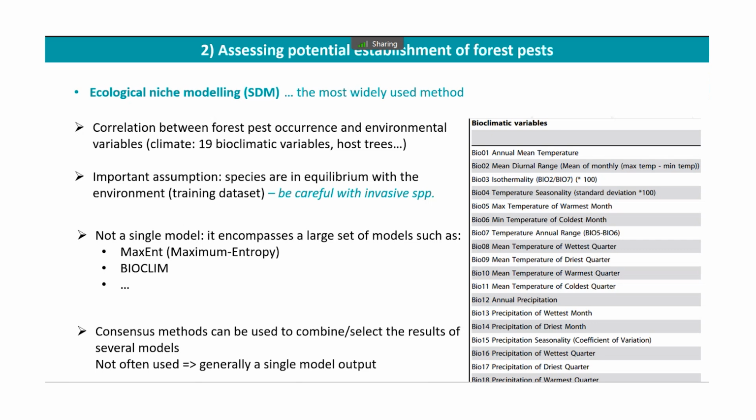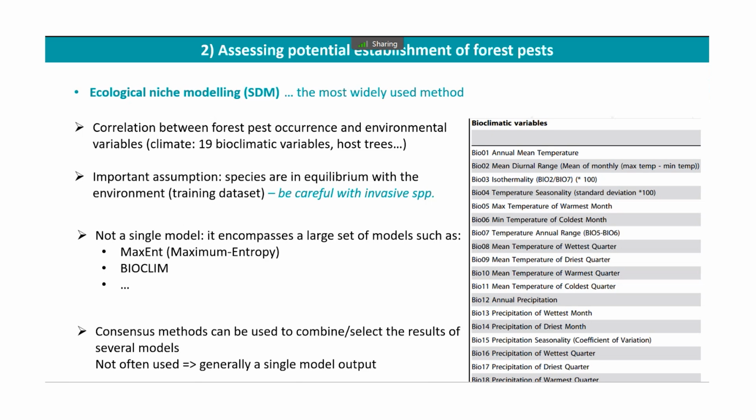For instance, climate. 19 bioclimatic variables are usually used, but they can also consider other factors. But we should keep in mind that there's an important assumption behind this model. The species should be in equilibrium with its environment. So for invasive species, this is very tricky.